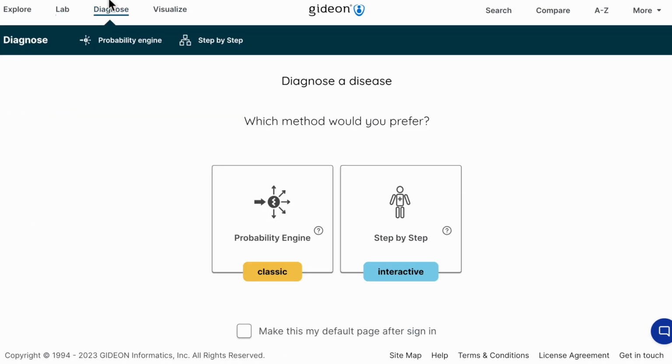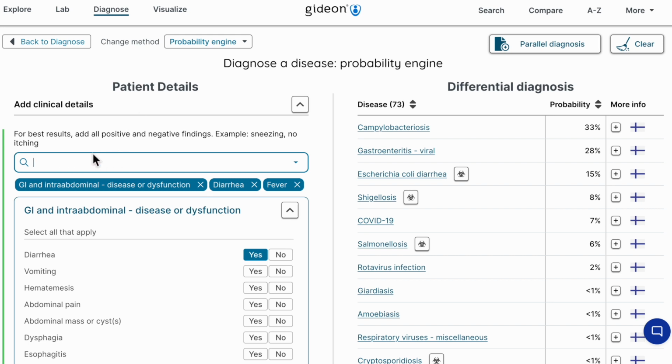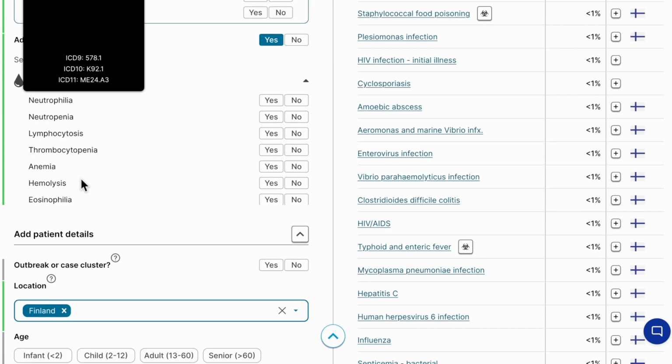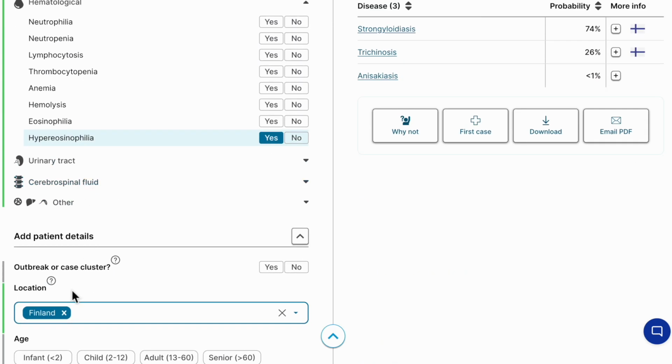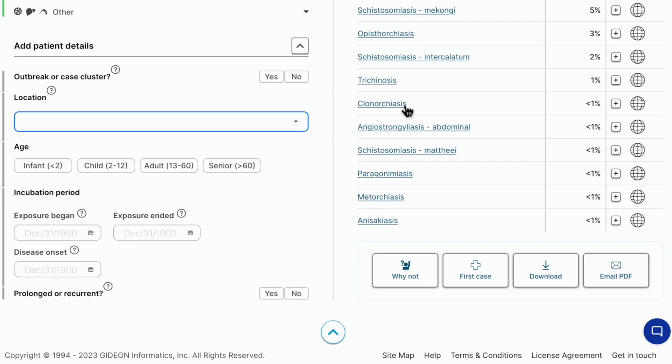Go back to diagnose, and we'll put in our patient, again, let's say we have a patient with hypereosinophilia. This is a good one. So I'm putting in one finding. We're not putting in the country in this case, and we're taking away diarrhea. That's not relevant now.